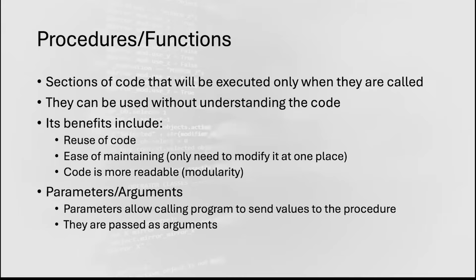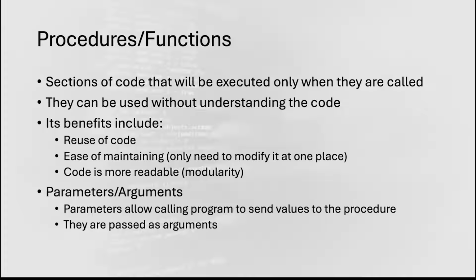It's easy to maintain. We only need to modify it in one place, and the code is easier to read. That is called modularity. When we have functions, we typically need to pass some values from the calling program to that function or procedure.